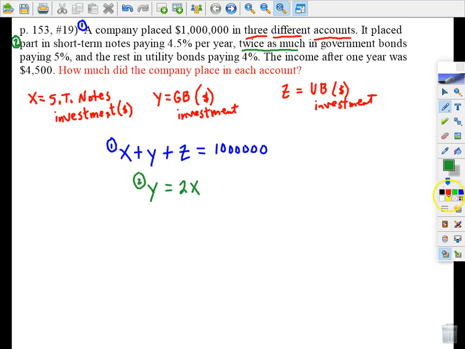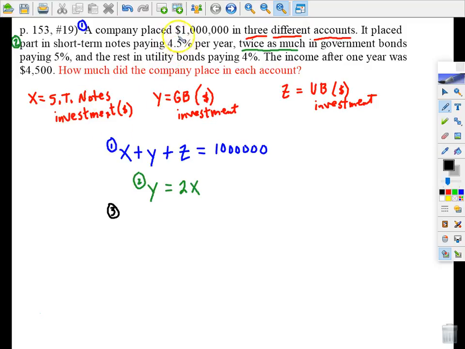And then we'll just use black here. Our third equation, and this is always going to be true for these investment type problems, we need an equation to represent the amount of interest that we're going to earn. We earn interest based on a certain percentage of our investment, and the problem tells us what those percentages are. So we're going to earn 4.5% of whatever we invested in short-term notes.